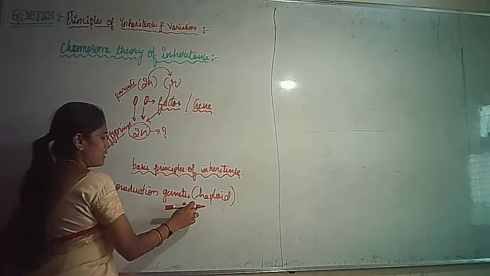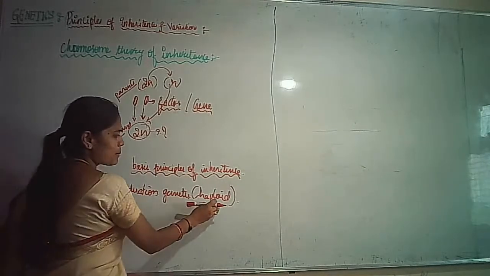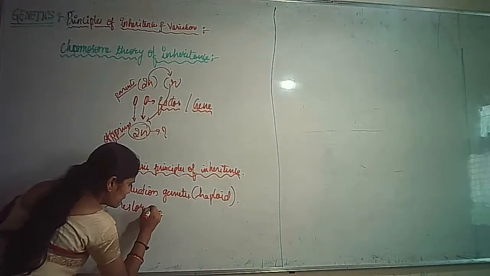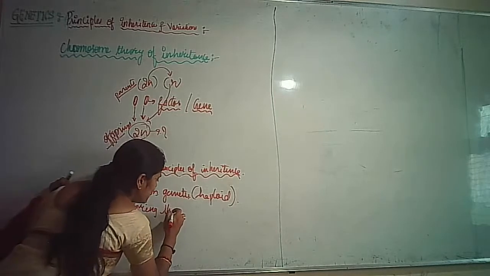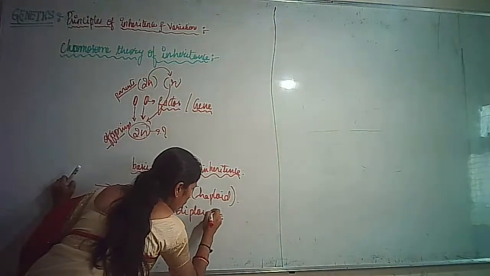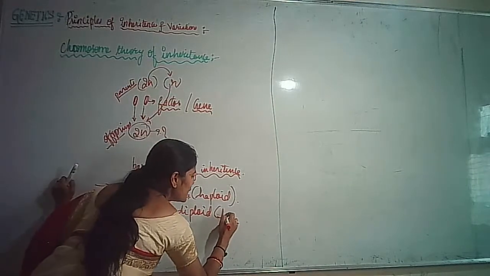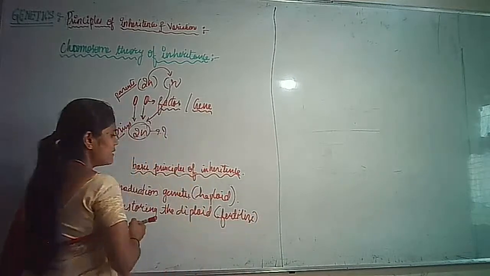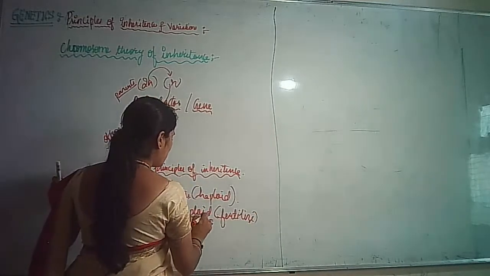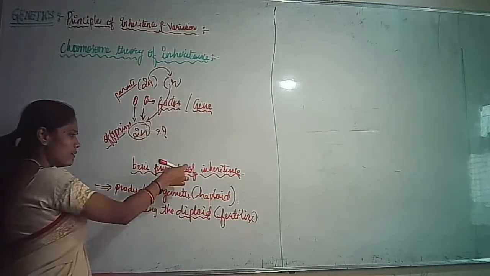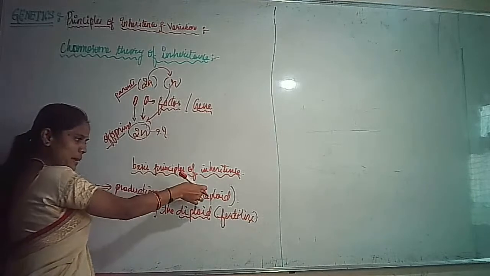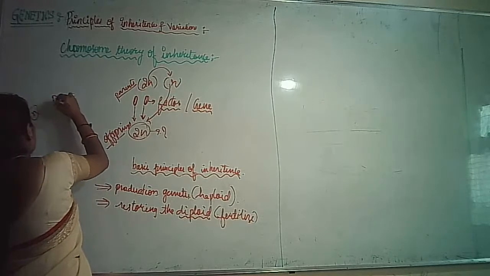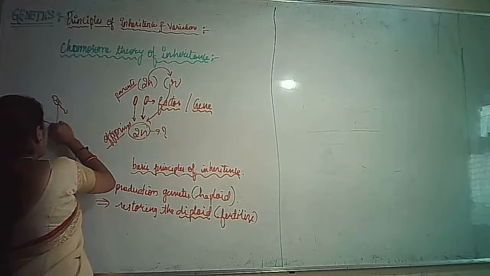So from the diploid, haploid gametes are produced. Then again the diploid condition is restored through fertilization. From the diploid parents, haploid gametes are formed. When the female gamete and the male gamete fuse, they form a diploid.